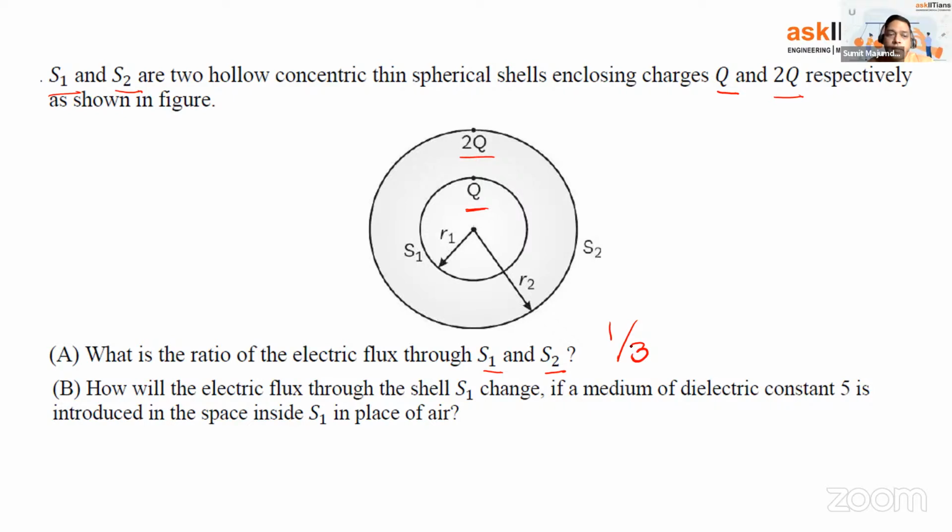Now going further: how will the electric flux through the shell S1 change if a medium of dielectric constant 5 is introduced in the space? Now this is interesting. You would have studied in capacitance that introducing a medium with a higher dielectric constant increases the possibility to store charge. The higher the dielectric constant, the more charge can be stored.